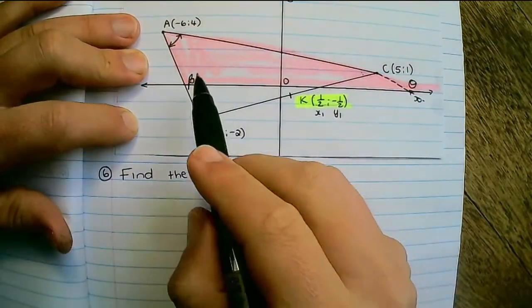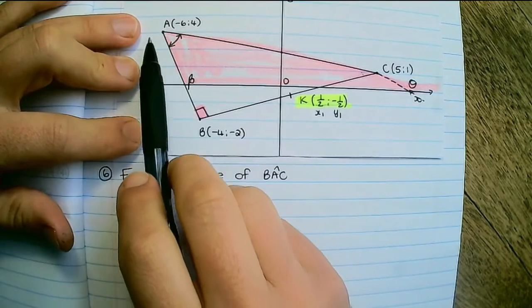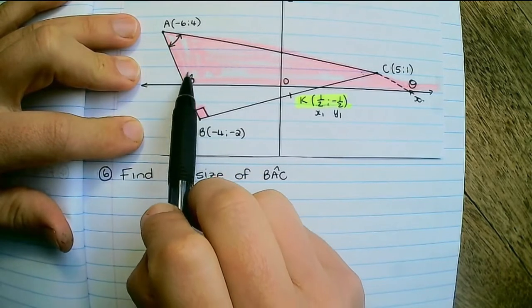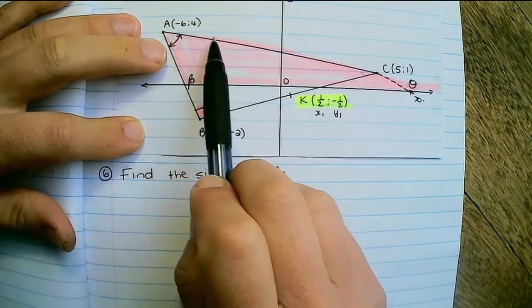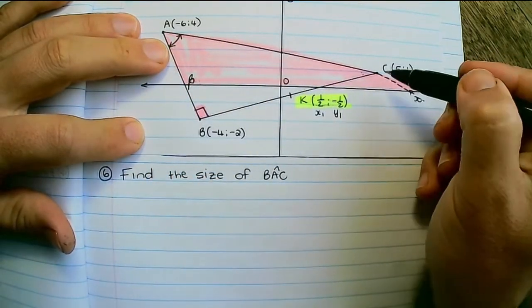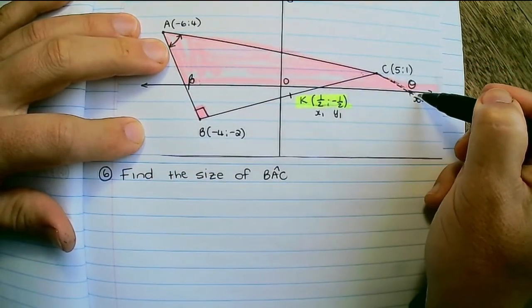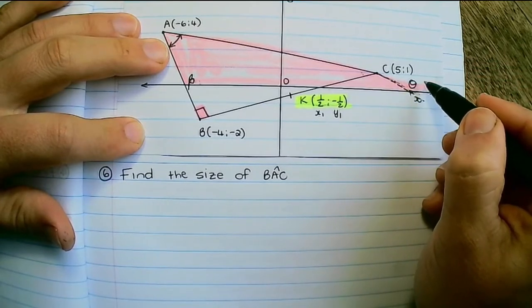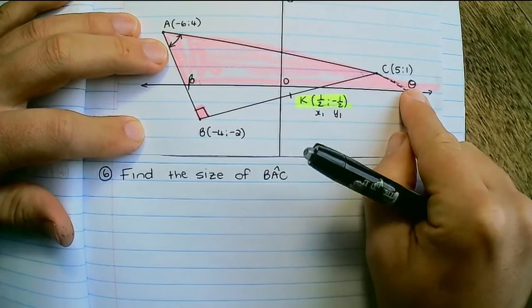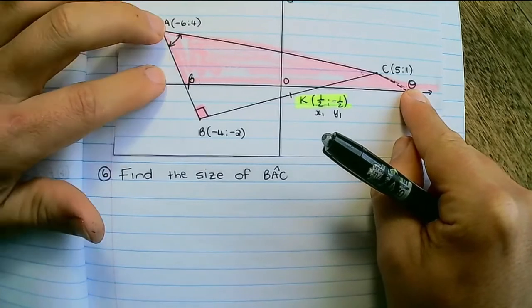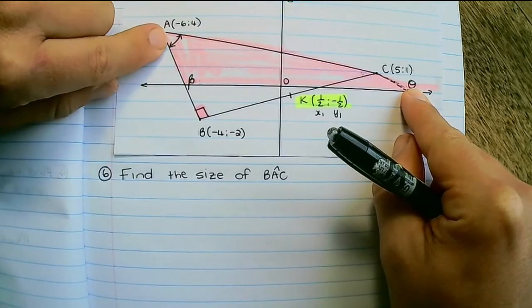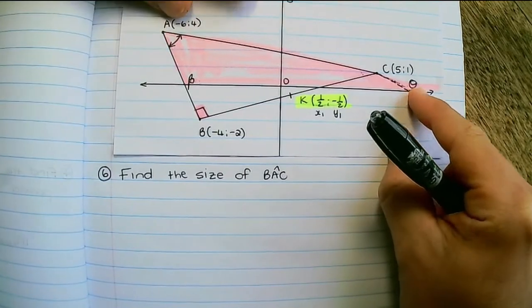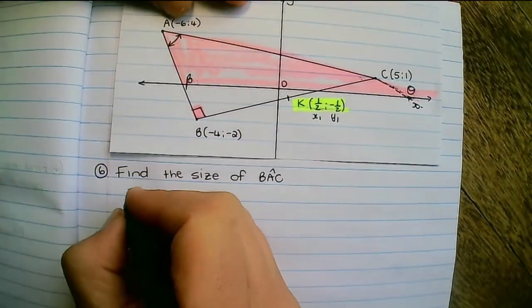And I can use the angle of inclination of the line AB to find beta, and I can use the angle of inclination of the line AC extended straight to find the angle theta, and then this exterior angle is equal to the opposite interior angles, and in that way find angle A. So let's do the maths.